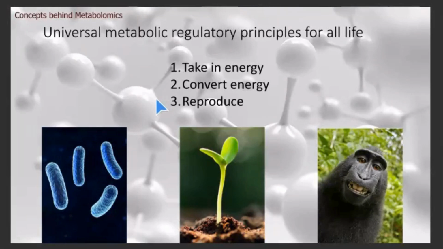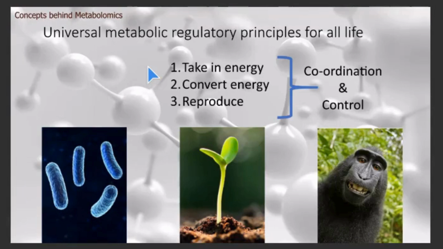And then you need to use that energy to reproduce cells and reproduce copies of yourself. The whole of biochemistry in every organism is essentially targeted towards that goal. These processes need to be balanced, and they need to be controlled.